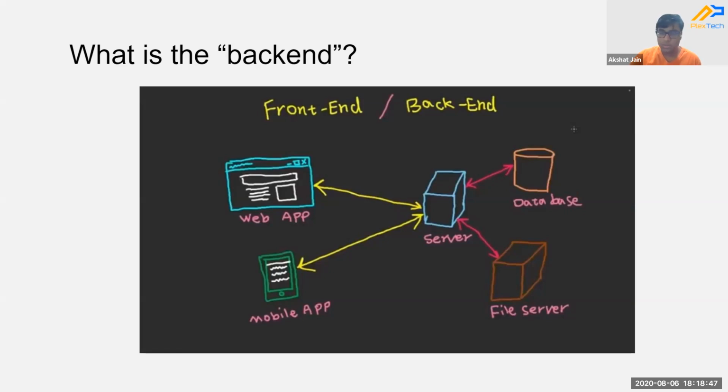This could refer to the API, or it could refer to the database. It could refer to a separate service, for example an email microservice that sends emails, an Amazon Redis server, or anything like that. Anything that the user does not see is called the backend. Anything that the user sees, like the actual web application or mobile application, is the front end, which I call the presentation layer.